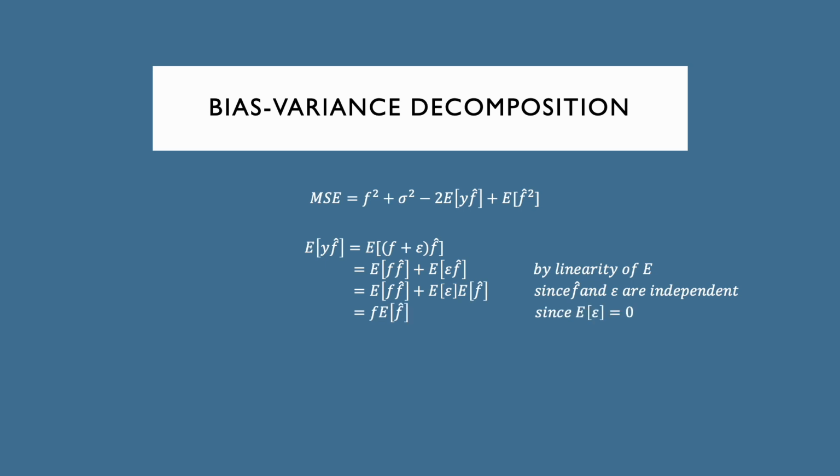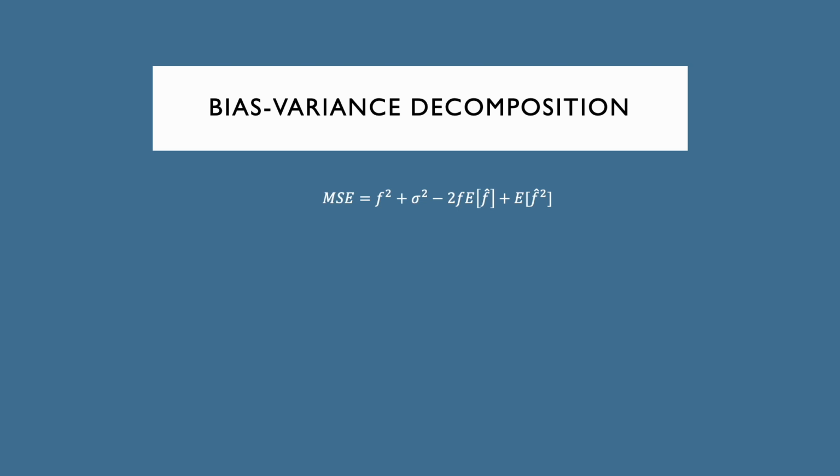And since the mean of noise is 0, the second term vanishes and we are just left with f times the expected value of f hat. Now let's continue further with the equation.